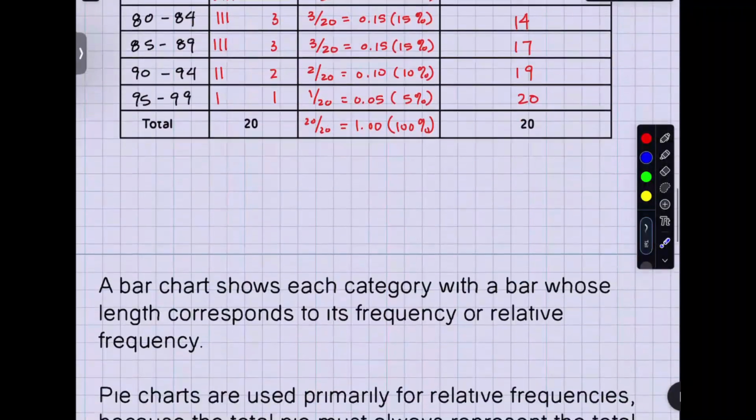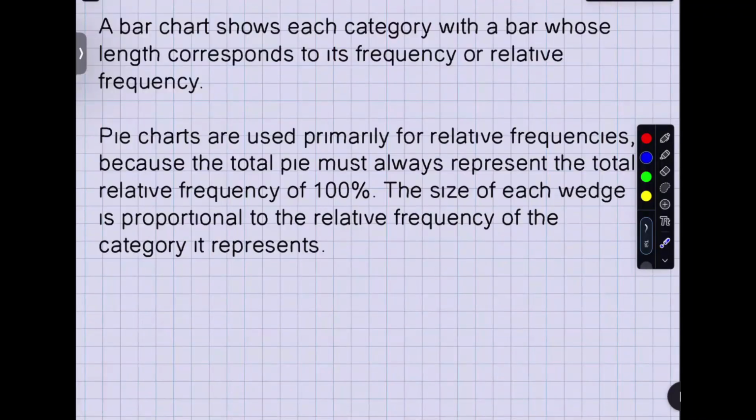And the pie chart is really going to be based on your relative frequency, because that's going to be a full circle, 100%. But the amount of pie that's taken should correlate with the right size for each frequency as well.